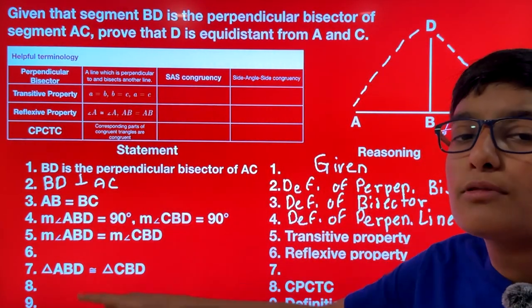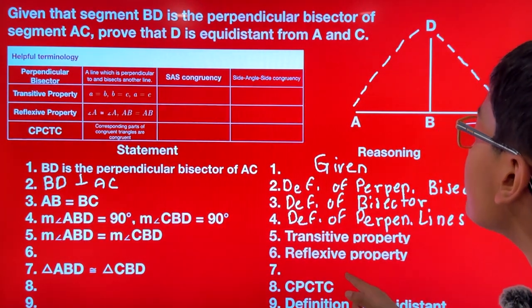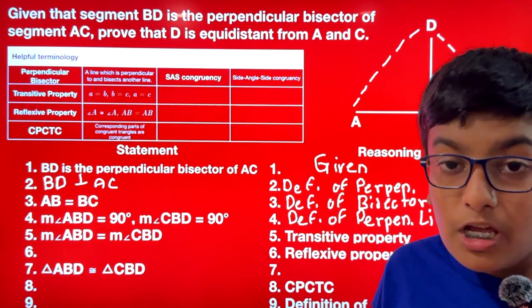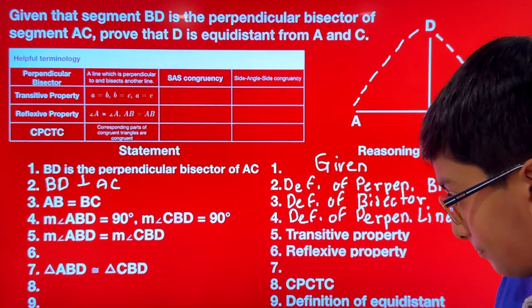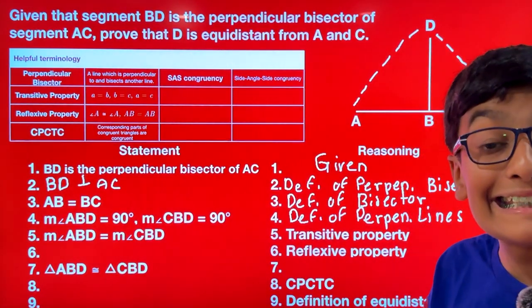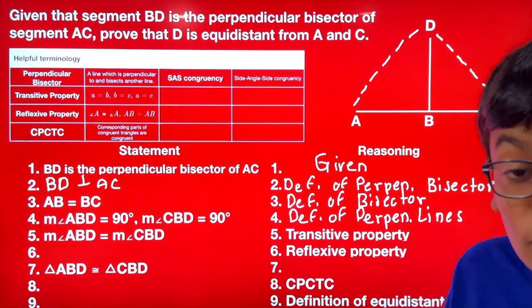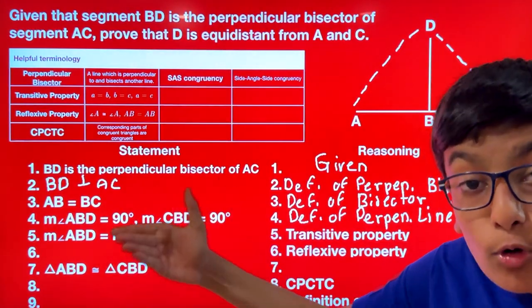Now for statement number 6, we have no statement, but we have a reason. Now, take note that statements are logically derived from the statements that come before it.